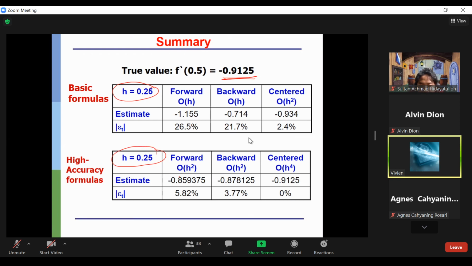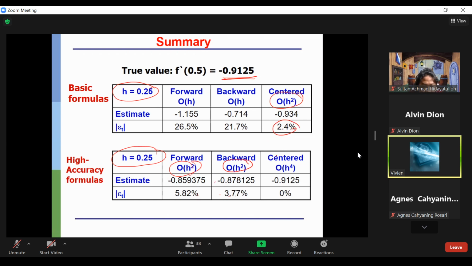Here for the second order accurate forward scheme, the error will be 5.8%. Backward scheme is approximately the same level, second order, about the same as well. And now the error for central difference will become 3.77%. So if you compare here for the second order, we see that the central difference is still better compared to the forward and backward.